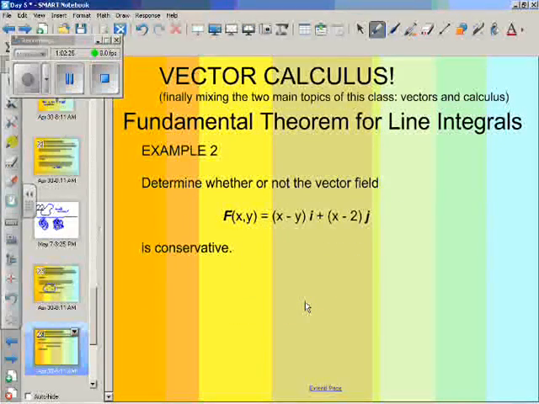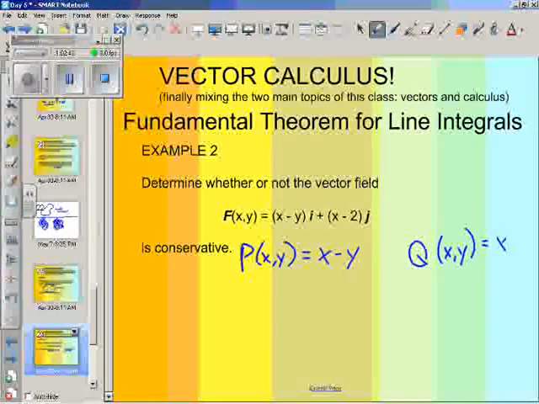Okay, so let's determine whether or not this is conservative. Okay, so we know P(x,y) equals x minus y, and Q(x,y) equals x minus 2.